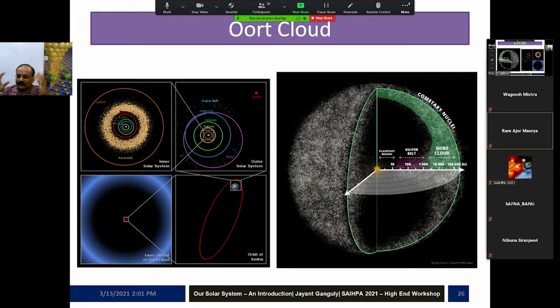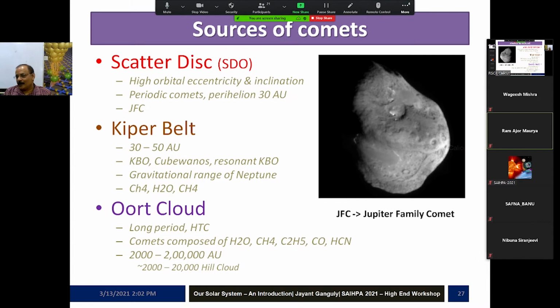Due to some instability, such as a passing nearby star or some other object, a chunk of ice or rocky ice piece comes out into the inner solar system and appears as a long period comet. So the Oort cloud is the main depository of comets. But comets are not only from the Oort cloud.